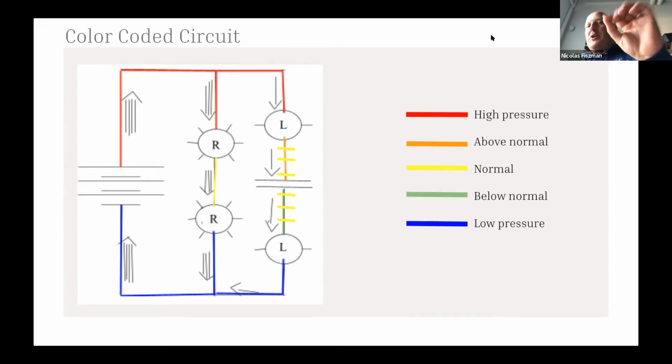Right at that moment, what should be the color of the wires between the two long bulbs before it charged? Anybody? What was the color of the capacitor when it was uncharged?